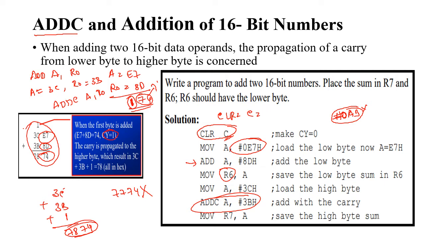Next MOV A comma #3CH, that is the higher byte, and MOV R0 comma #3BH. Then ADDC A comma R0. The result is stored in R7. Now the result will be present in R6 and R7, that is 74 and 78.